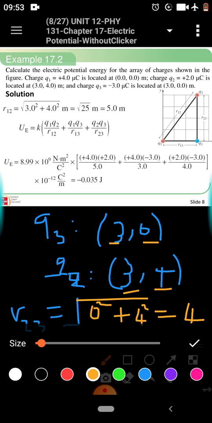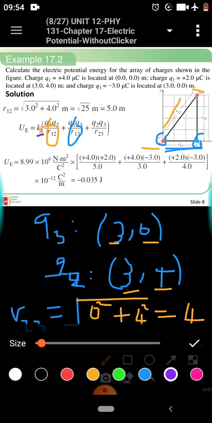As you can see now, they've substituted the values. So here is the combination q1 q2 with this radius, so we have this formula, and then we go to 1 3, which is this part. We have q1 pairing with q3. They've taken out the k.